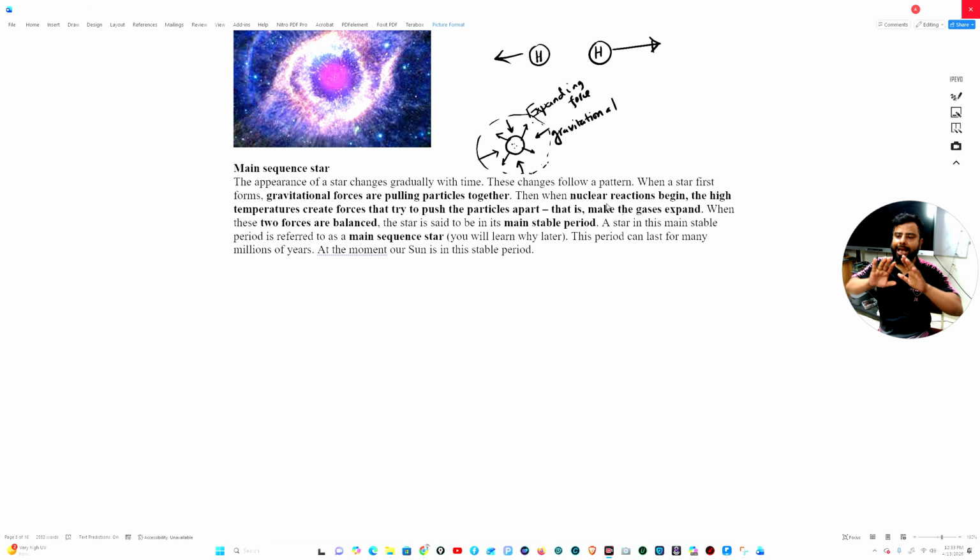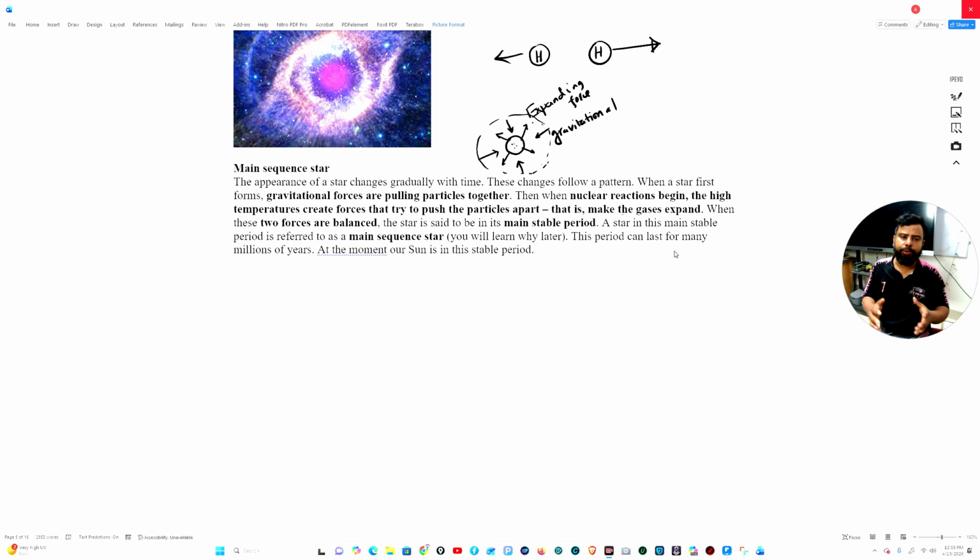They produce an expansion force. This expansion force expands the gas particles, and on the other hand, gravitational pull brings them together. So when these two forces are balanced, the star is said to be in the main stable period.